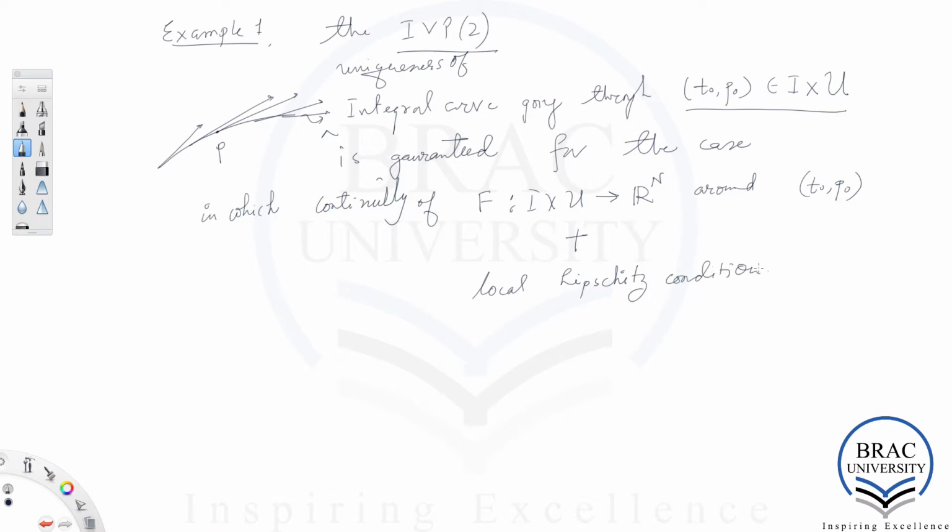Okay, so remember that we talked about the sufficient condition for the existence of the integral curve, and that was that we needed this vector field to be continuous in a neighborhood of the point (t0, p0), the initial point. Now, if we want the integral curve to be unique as well, we have to add an additional condition, which is the local Lipschitz condition.